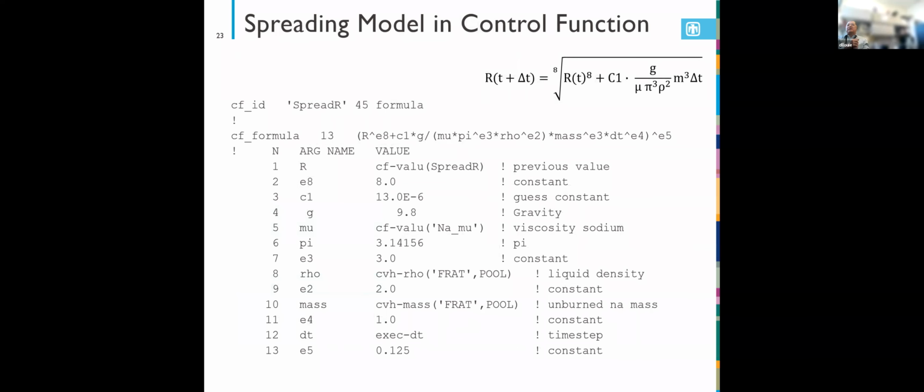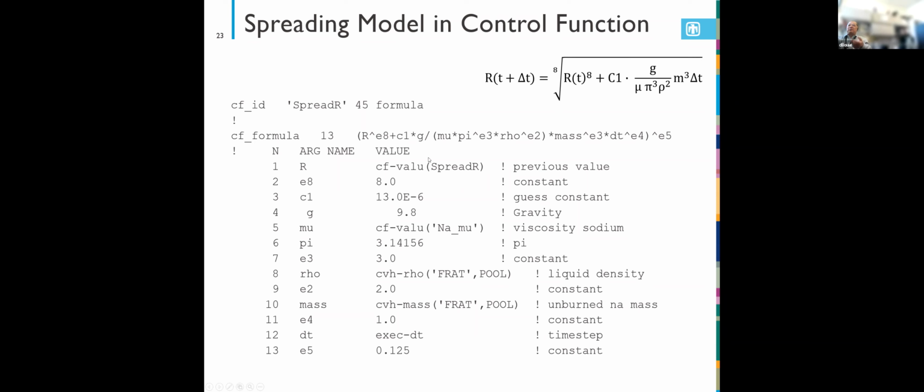Here is the expression in the control function, display R45, and here's the equation showing here. There's a nice thing about control functions: we have a formula control function that you can actually use to model the whole right-hand side equation. It's pretty easy to do. And here, of course, this is a previous value, so when you call itself, it is calling the previous value.